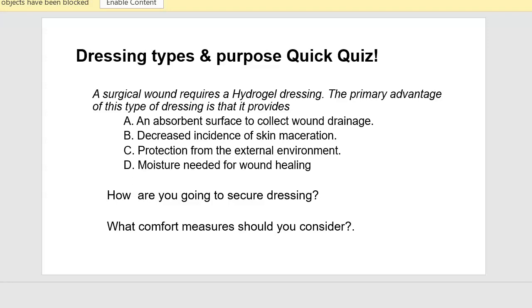When you're planning a dressing change, you want to consider the pain of the patient. And if the patient has pain, you can give some type of analgesic 30 to 60 minutes prior to a dressing change. And you may need to stop and take a time out during the dressing change for pain.